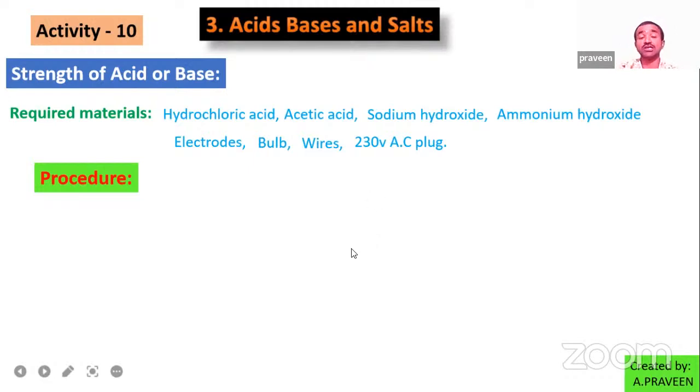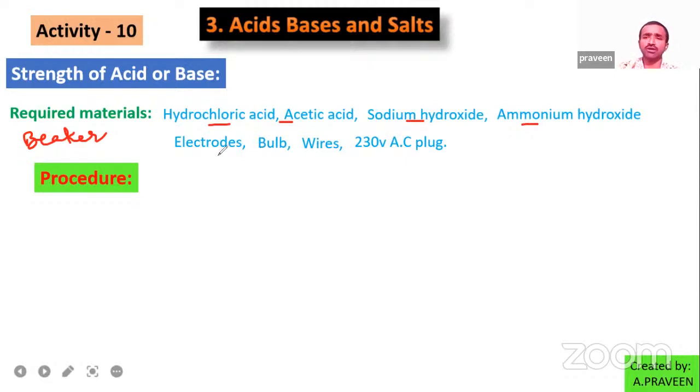Here, electrodes, bulb, wires, etc. are given. You also require a few materials along with that. What? Beakers. How many? 1, 2, 3, 4. So 4 beakers are needed and 4 sets of electrodes are needed.